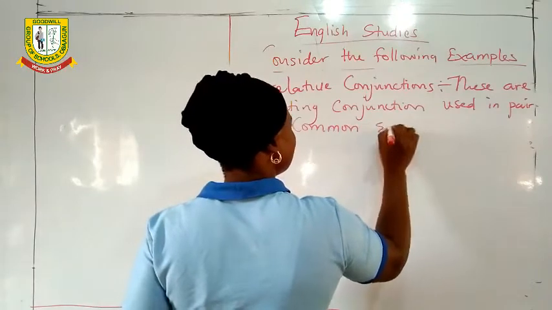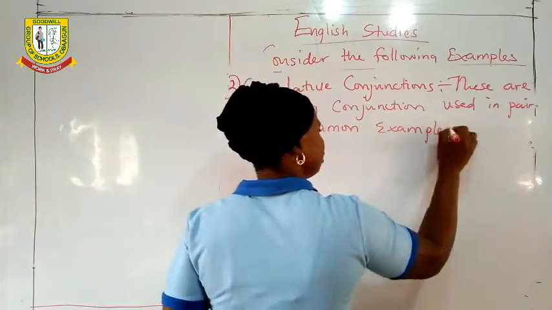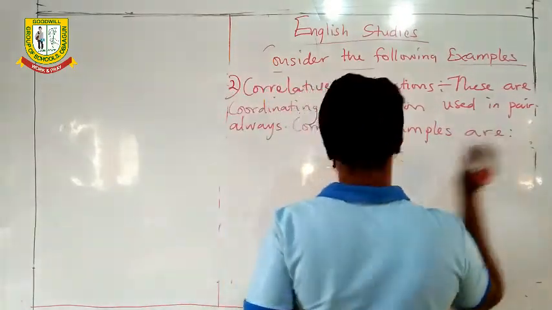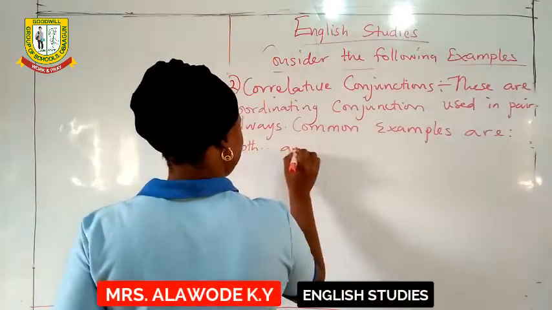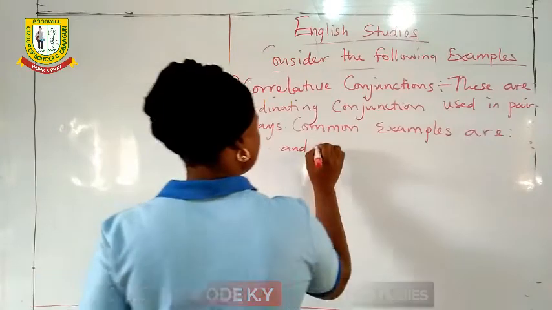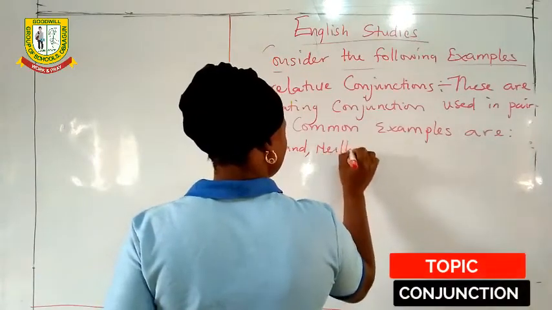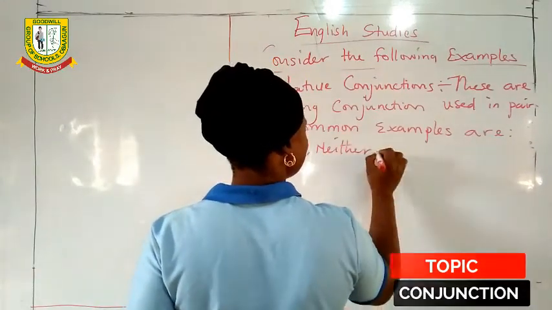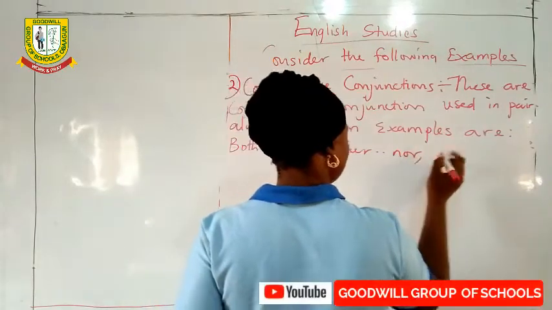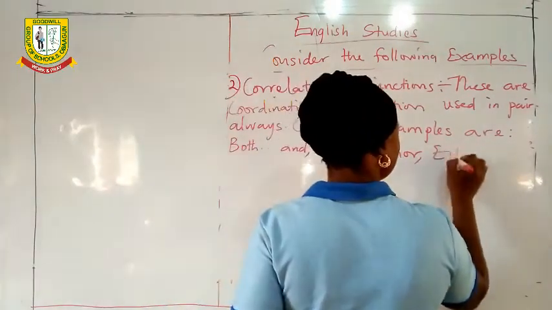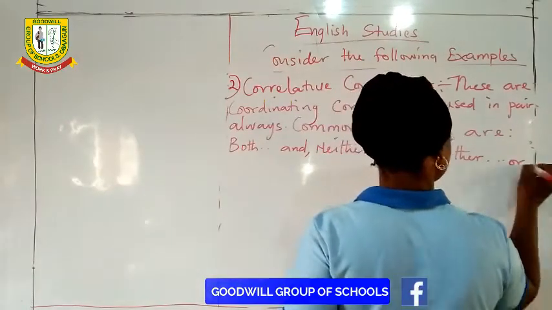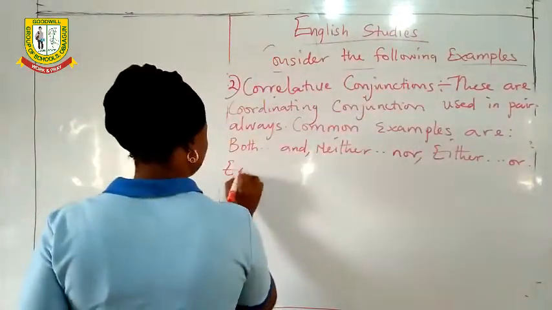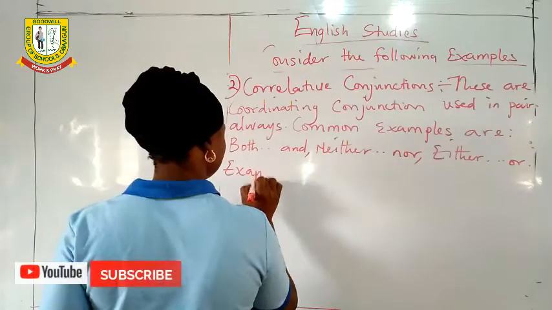Common examples are both, and; neither, nor; either, or. So examples.